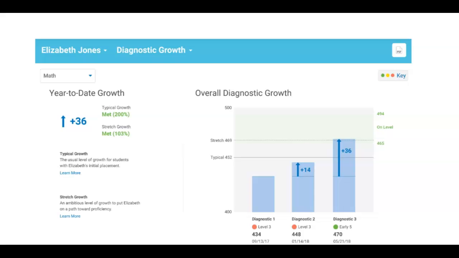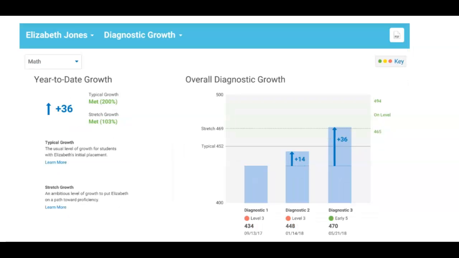This gives your teacher information so that when they pull small groups, they are able to target algebra for your child. And there may be several other students within the class that are struggling with algebra as well. This helps us make a determination for how to set up our small groups so that your child is able to stay on track for not only meeting their typical growth, but also for their stretch growth.